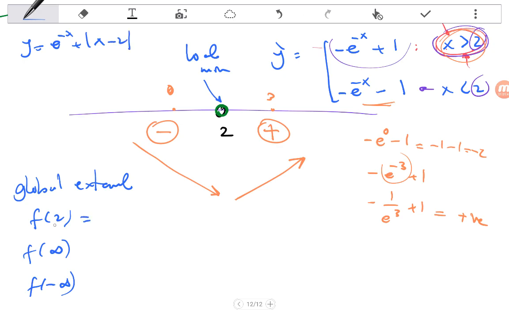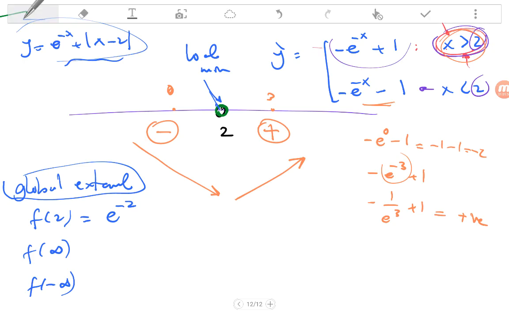F of 2 is e power minus 2. Now remember, for finding global extrema, we take the critical points and substitute in the original function, and take the boundaries, and check the values.